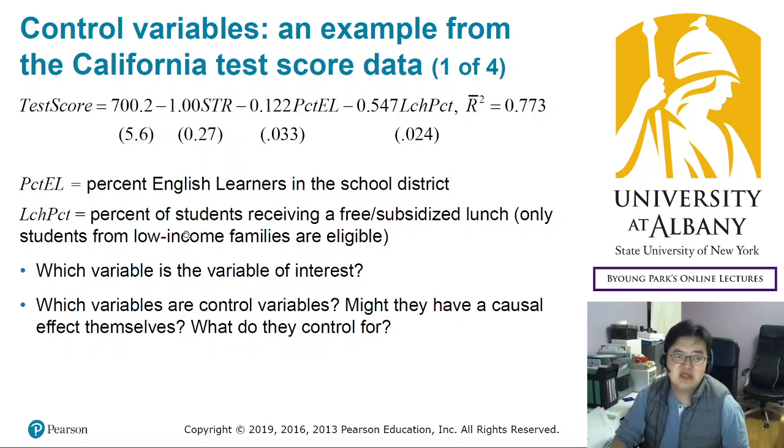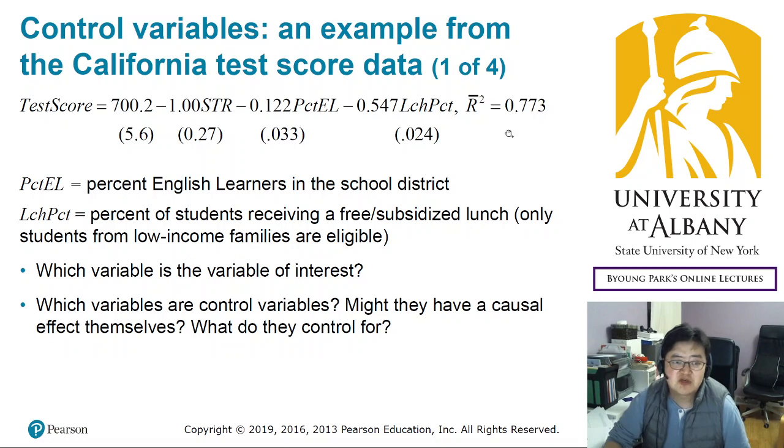So this may be a better variable to control for family income. If you agree that family income is an important variable, and it is not available, then you need to think about this variable as an alternative to minimize the effect of unobserved family income.